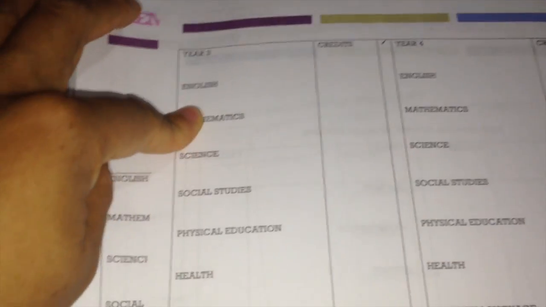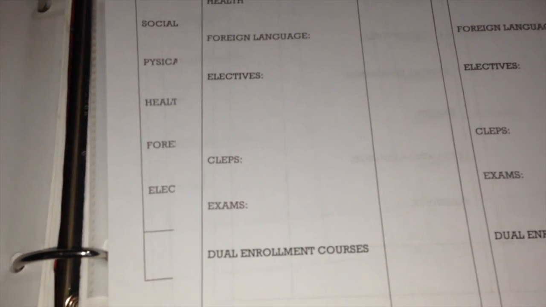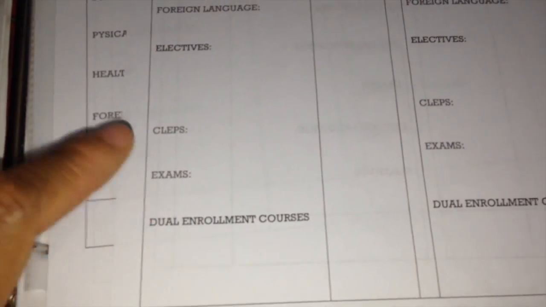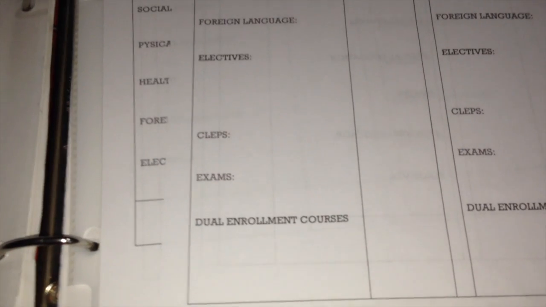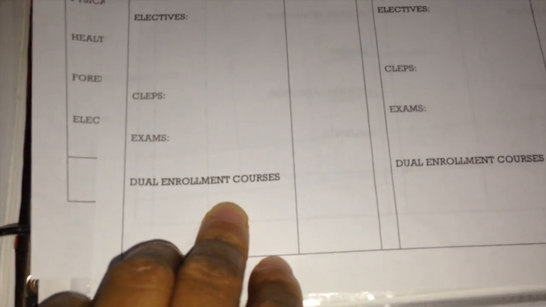Now for year 3, which I have here, it's a little bit different, because on the bottom I added the CLEPs in case your child is taking any courses related to the CLEP exams, or exams like SATs, or dual enrollment courses.